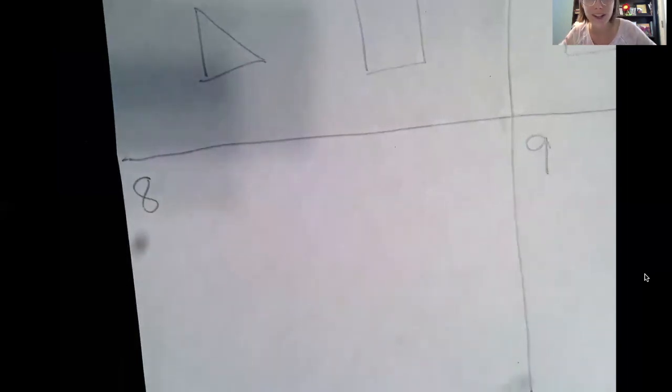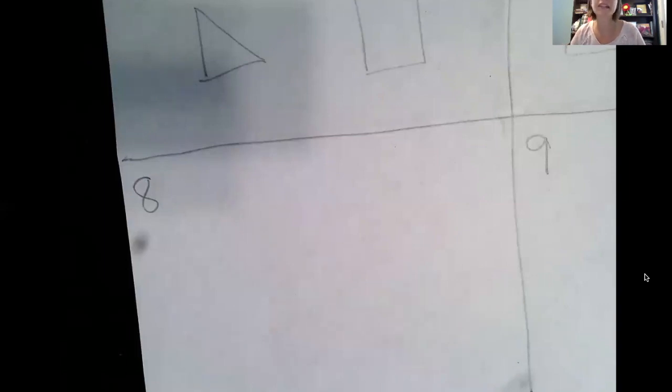Then let's do number 8. Number 8 says, ooh, you have to listen and draw the shape. I have more than 3 sides, and the number of vertices I have is less than 5.